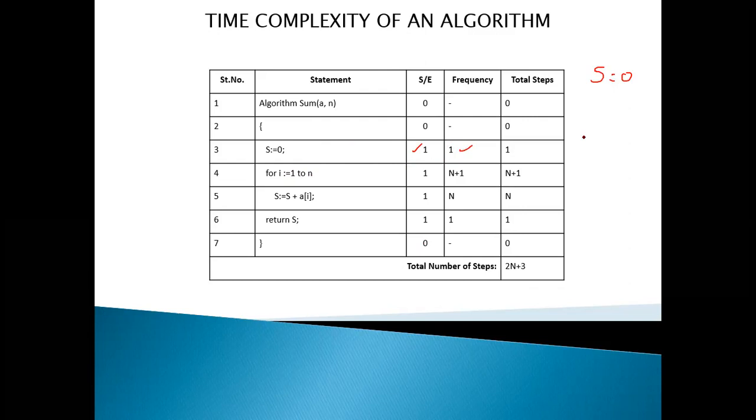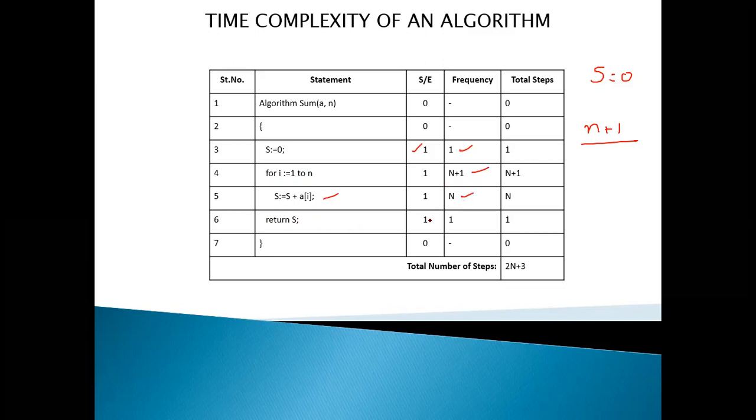The looping statement is executed n plus 1 times, because the loop gets executed n times, and whenever the n value is reached, the loop comes out. That means all the true conditions plus one false condition we are going to check. That's why n plus 1 times. But the statements inside the for loop, or any loop, will be executed only n number of times.